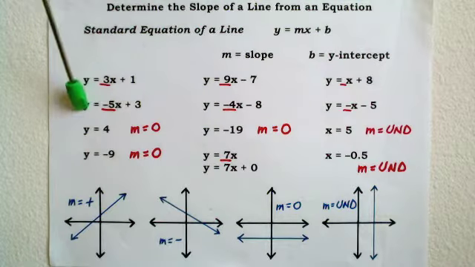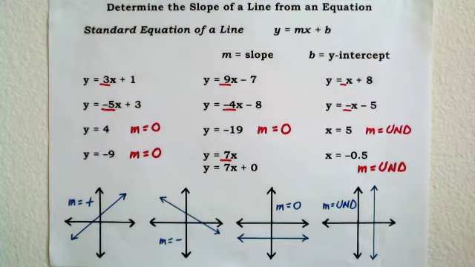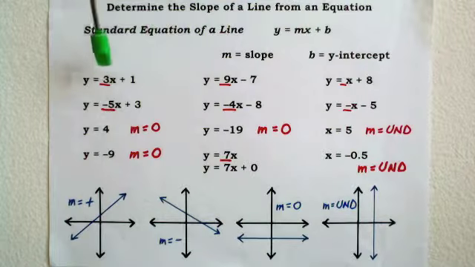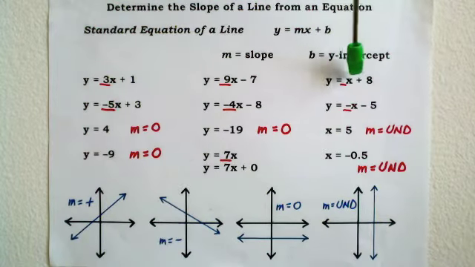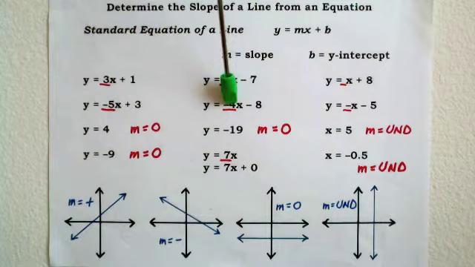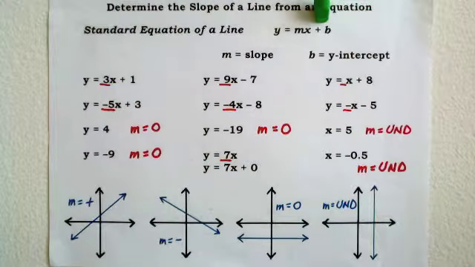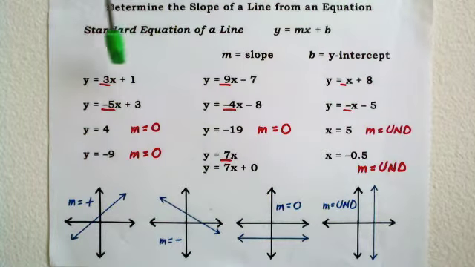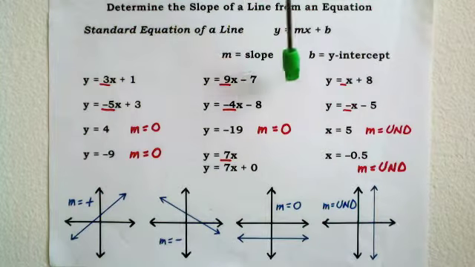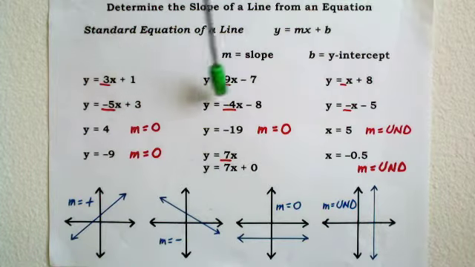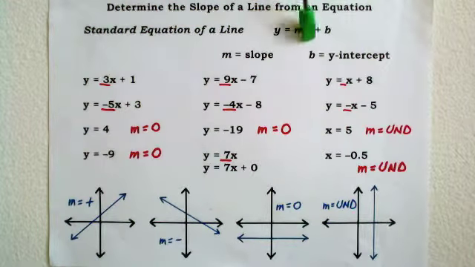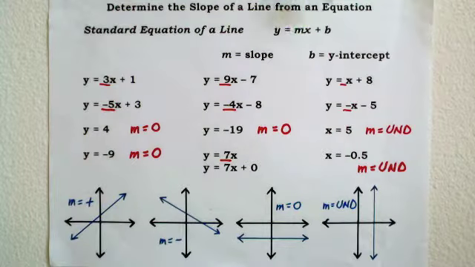So all of these equations have a positive y on one side of the equal sign by itself. Then we have a term with the x variable next. And then we have the y-intercept being added to the term with the variable x.